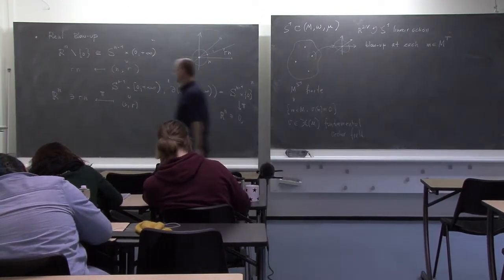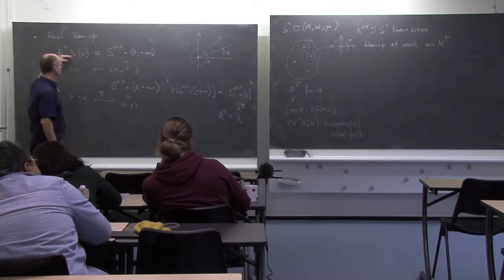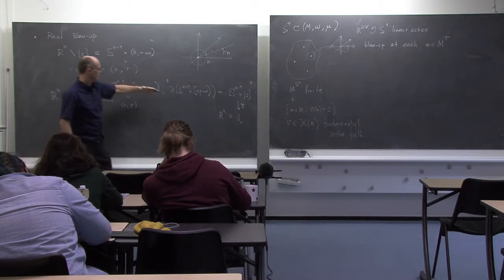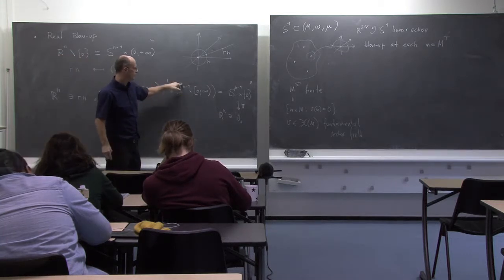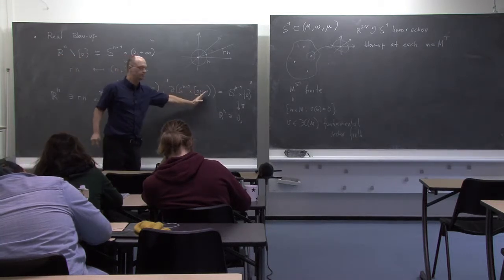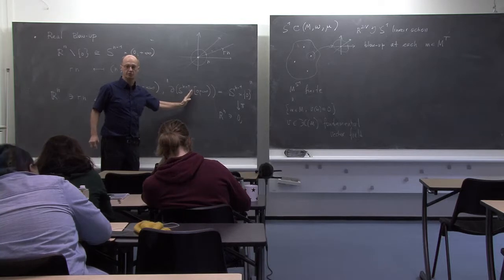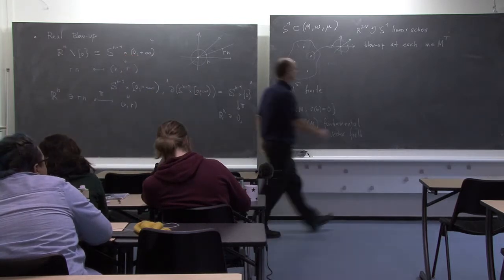So I am replacing a neighborhood of the origin by the sphere S^(n-1) times some semi-open interval [0, epsilon) where I would now include 0. Right?